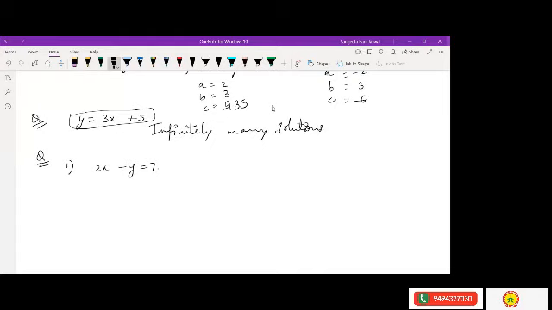So if I put some value for x, I will get my corresponding value for y. So y is 7 minus 2x. Let's see whatever values we get here.